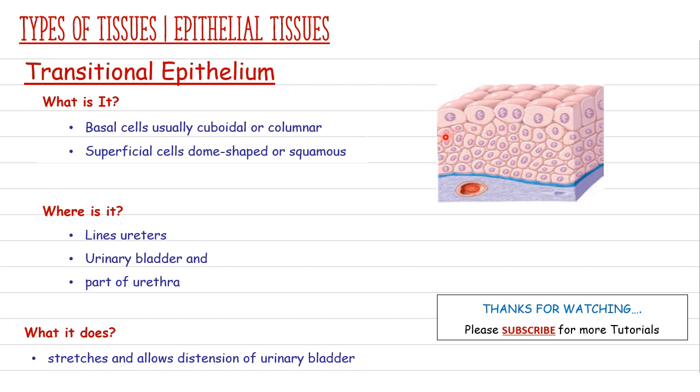But the basal cells, or the cells beneath, might have either a cuboidal or columnar shape. This tissue is usually found in the ureters, the urinary bladder and part of the urethra.